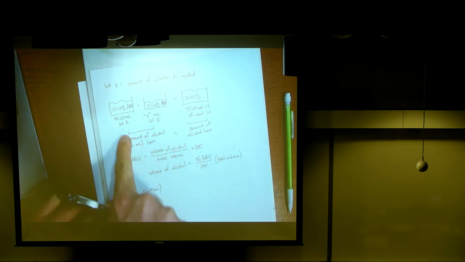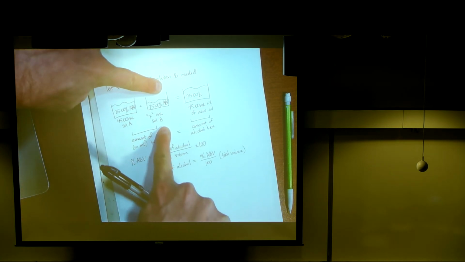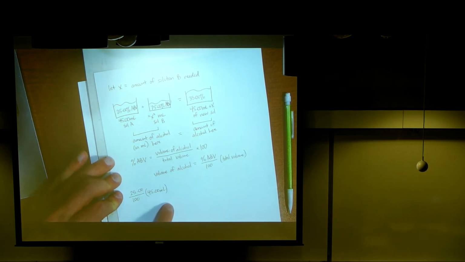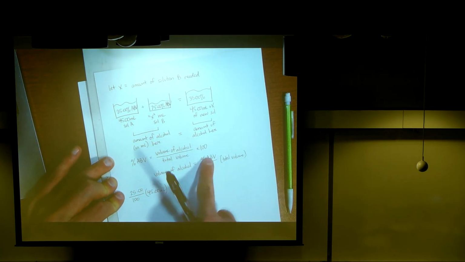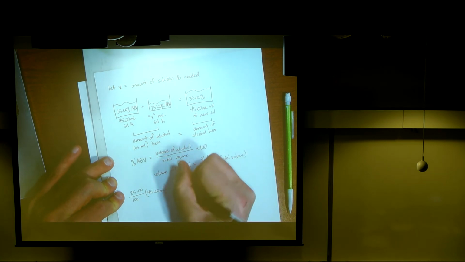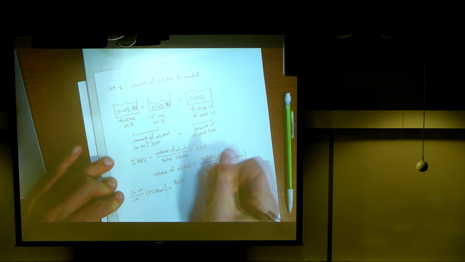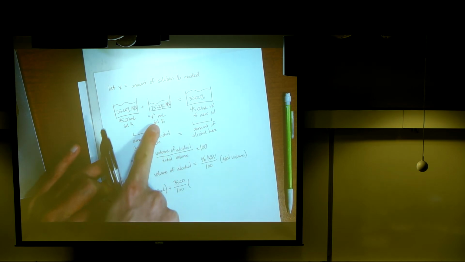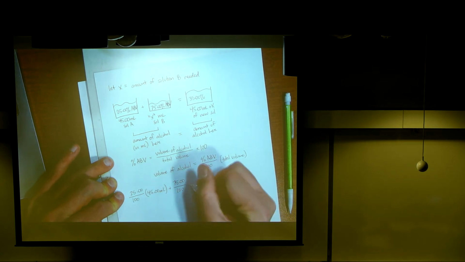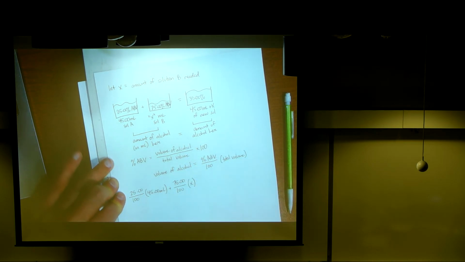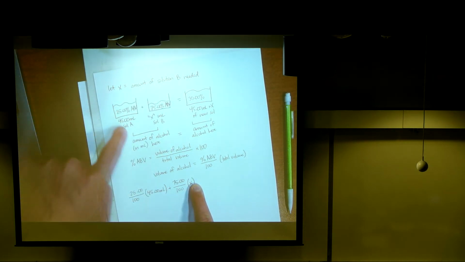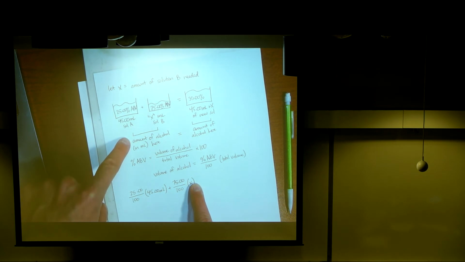Okay, and then I'm adding to that X milliliters of solution B. If I want to say how much alcohol is there, remember I'm taking the percentage, which is 75 in this case, divided by 100, and then the total amount of that solution B is what we don't know, it's X, okay? So what I've just done is I've written down a formula for the total amount of alcohol between these two beakers right here, okay?